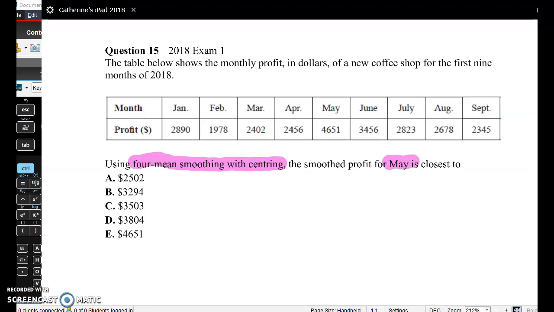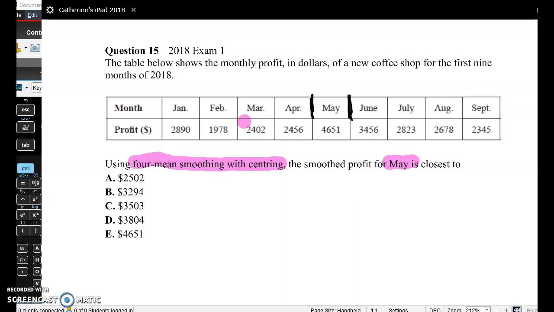Okay, so remembering the 2-step process, we're going to need to get a figure that's centered between April and May and a figure that's centered between May and June, and it's 4 mean.